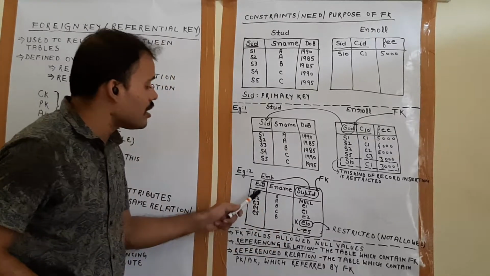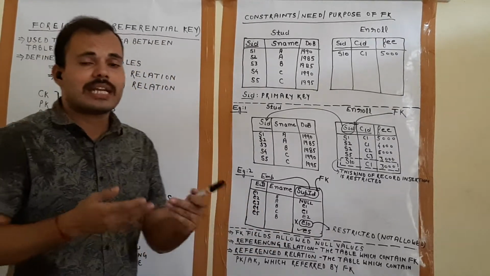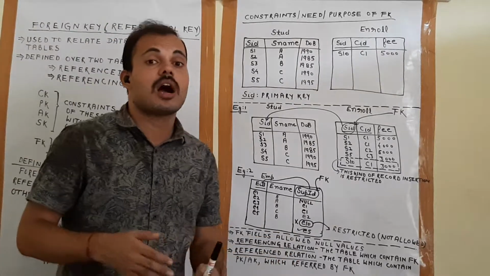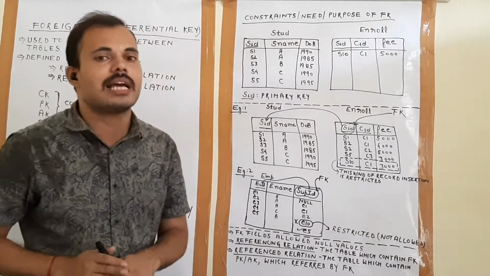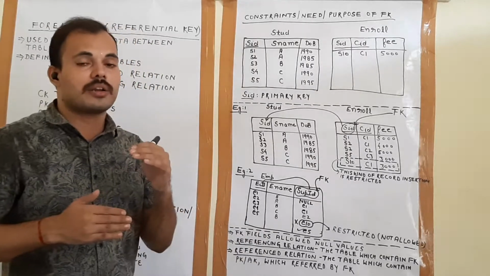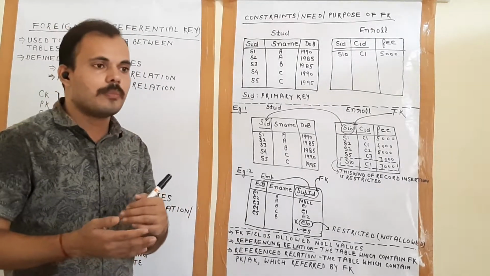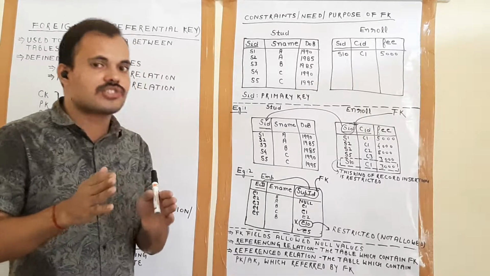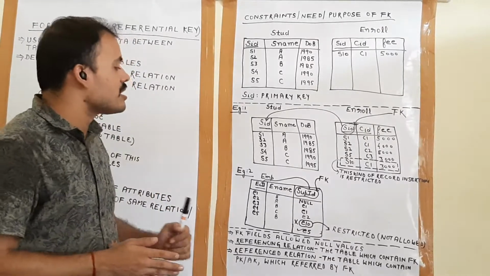E10 does not belong to the organization, meaning E10 is not an employee of the organization. Understood? Here we have imposed a restriction. We are maintaining a constraint. What is this constraint?